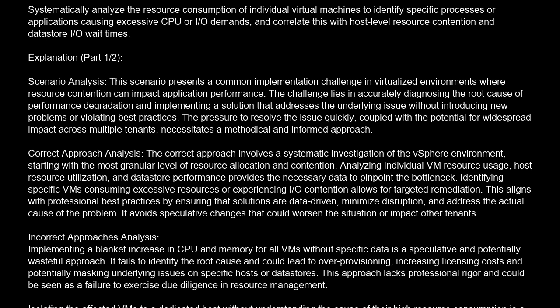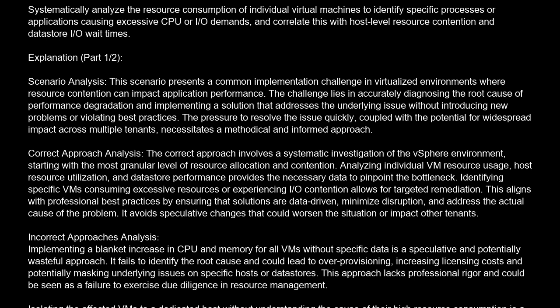The pressure to resolve the issue quickly, coupled with the potential for widespread impact across multiple tenants, necessitates a methodical and informed approach. Correct approach analysis. The correct approach involves a systematic investigation of the vSphere environment, starting with the most granular level of resource allocation and contention. Analyzing individual VM resource usage, host resource utilization, and data store performance provides the necessary data to pinpoint the bottleneck.